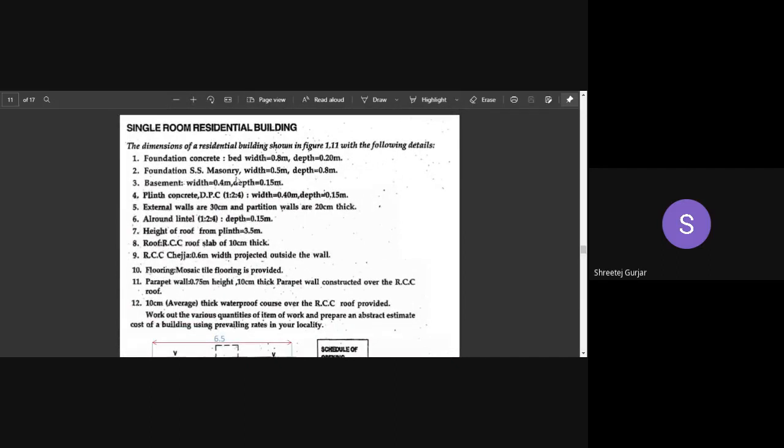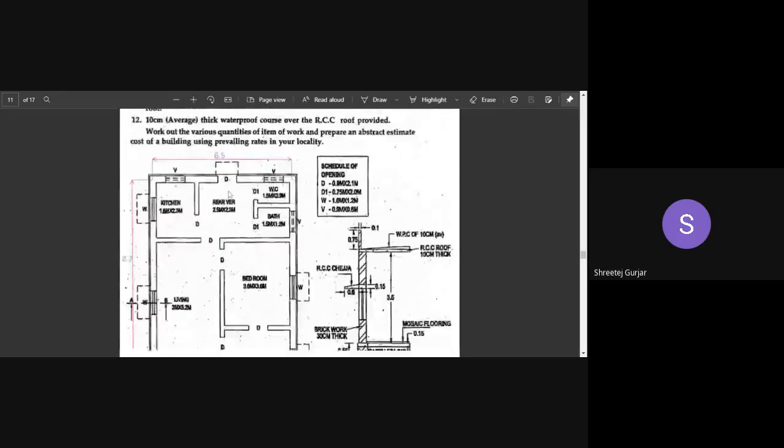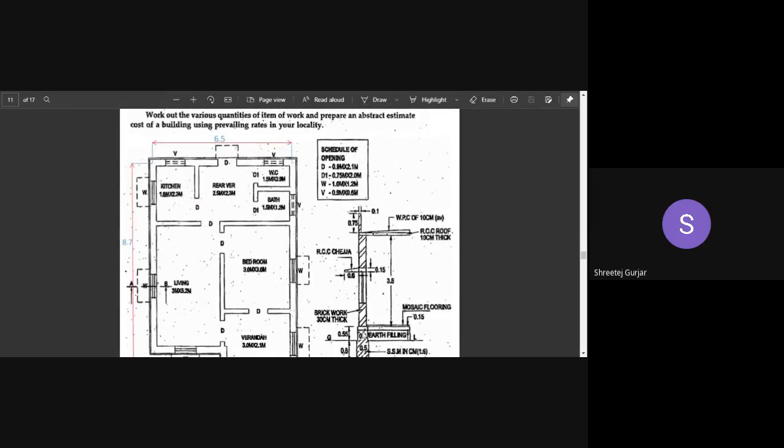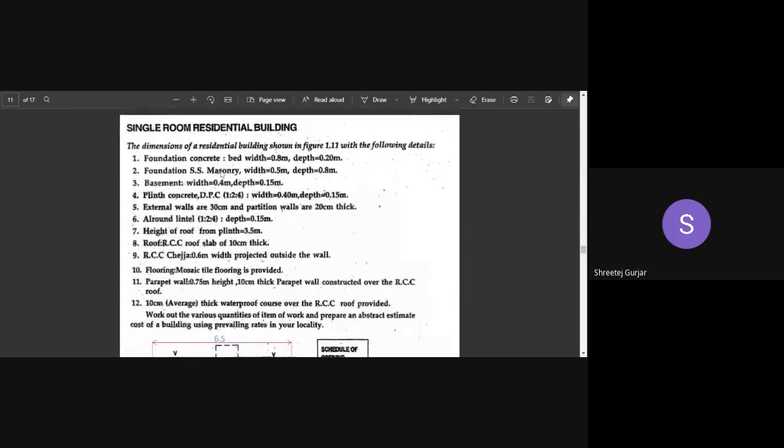So the foundation I have told you: the overall depth will be 0.8 and width is 0.5. Then the basement, from ground level to plinth level, is 0.4. This is not 0.15; it is 0.55 minus 0.15, so that is 0.4.